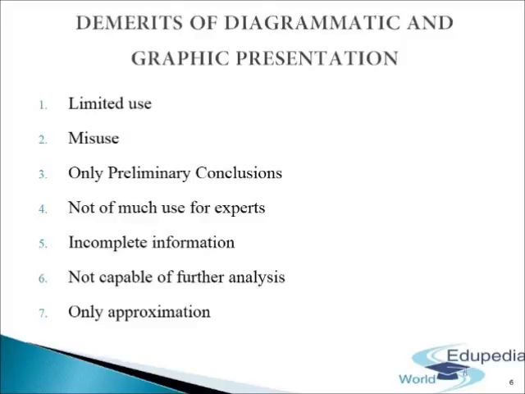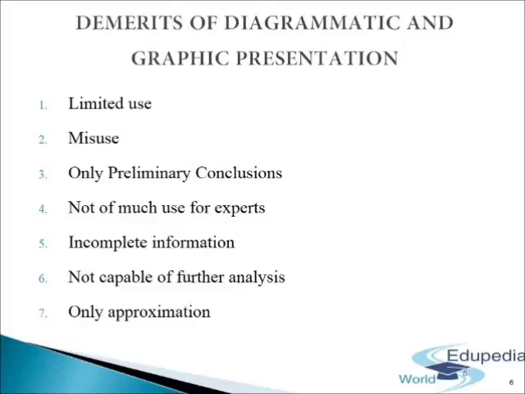Fifth point, incomplete information. When data are very huge, diagrams by themselves fail to present complete information if not supported by tables or any other corresponding details. Sixth point, not capable of further analysis. Diagrams fail to be used for further analysis, which reduces their usefulness for higher study of the statistical data.